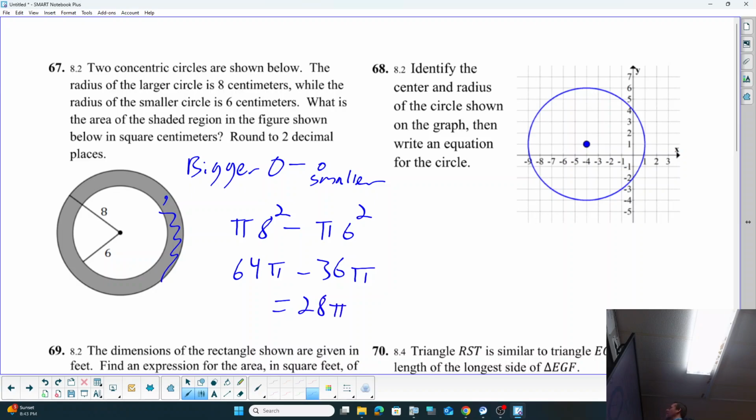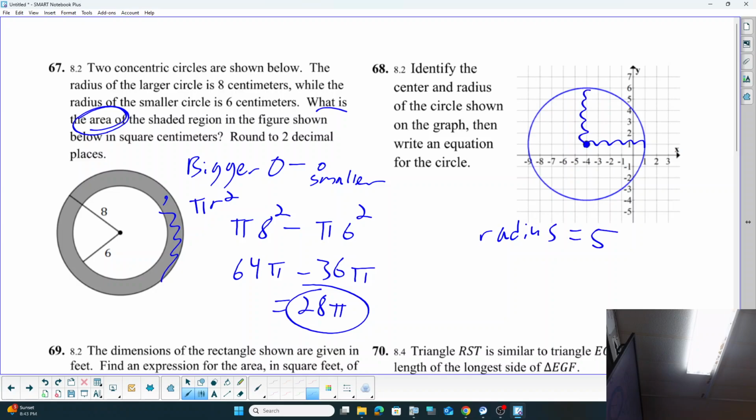If it's asking for the area, what is the area? Pi r squared is the area of a circle. Nice. Identify the center and the radius. Here's your center. And what's our radius? 1, 2, 3, 4, 5. We have a radius of 5.